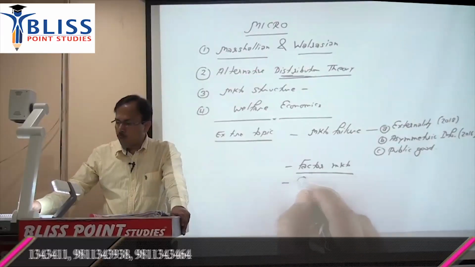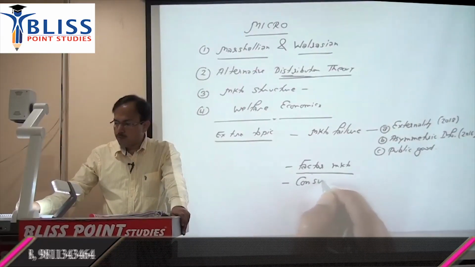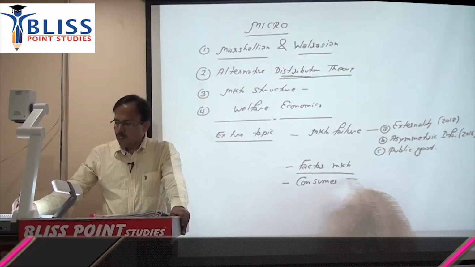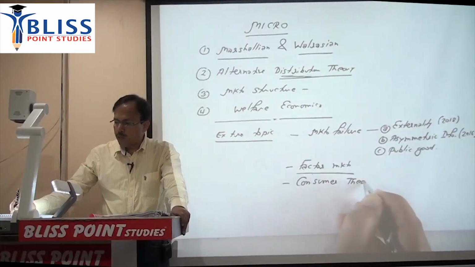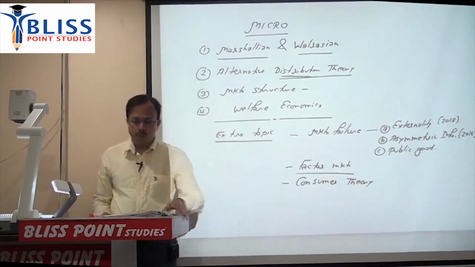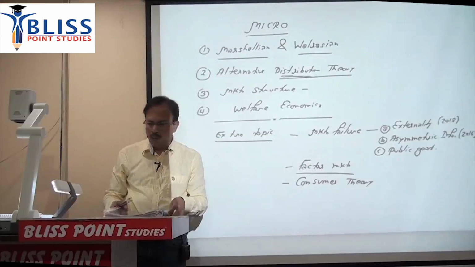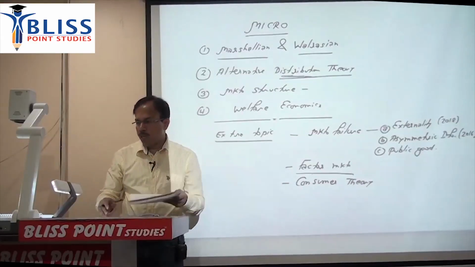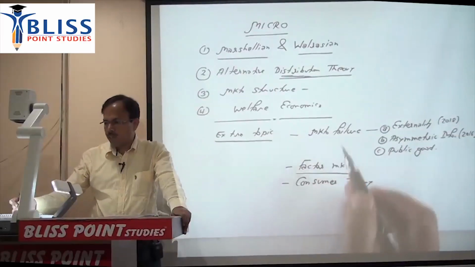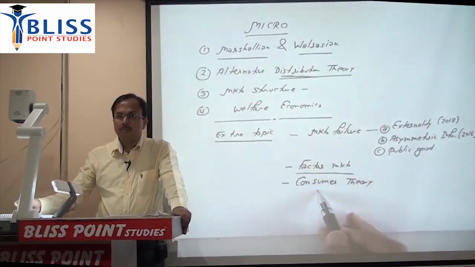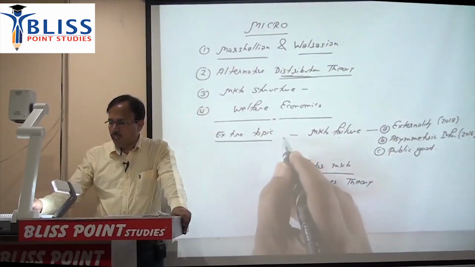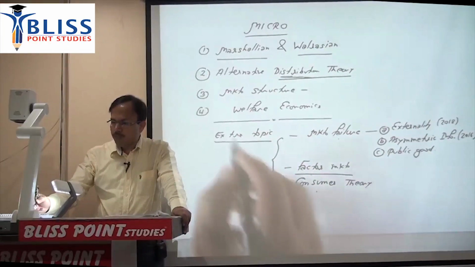So within extra topics, write consumer theory as well. एक्स्ट्रा टॉपिक के अंदर कंज्यूमर थ्योरी ऐड कर लेंगे. So add market failure, factor market and consumer theory, ये 3 extra topics mention कर लीजिए.